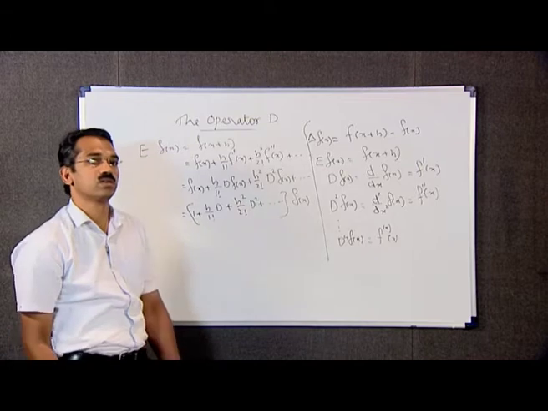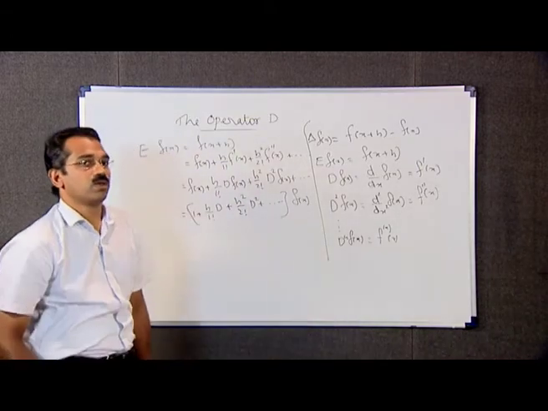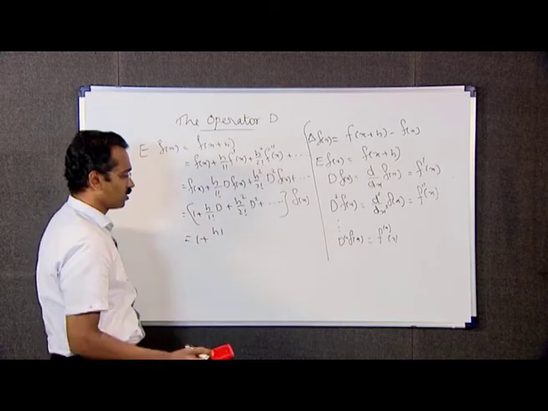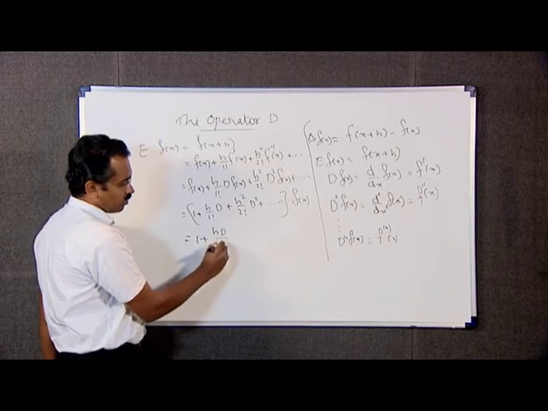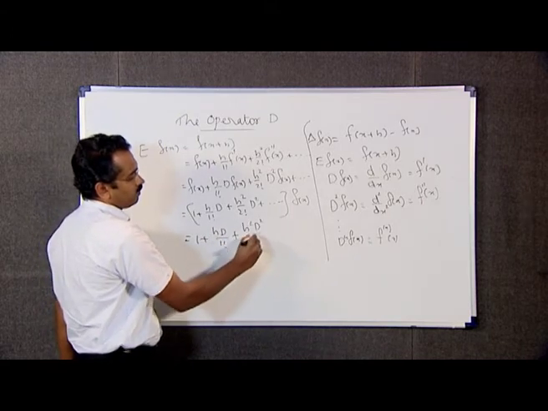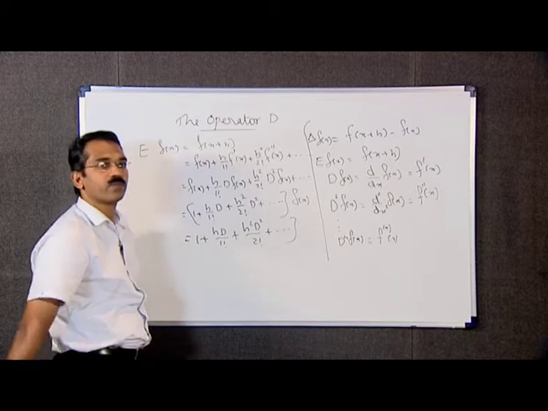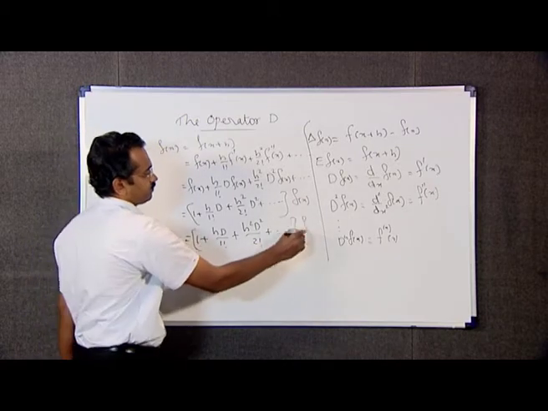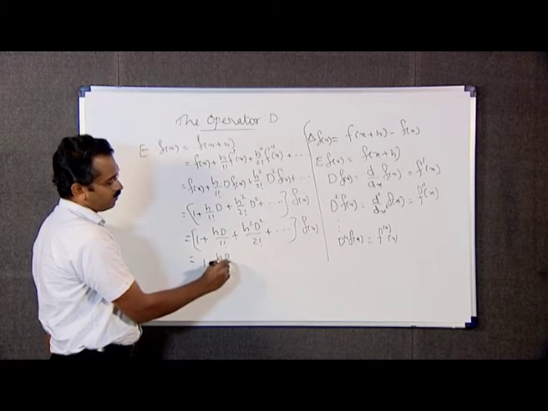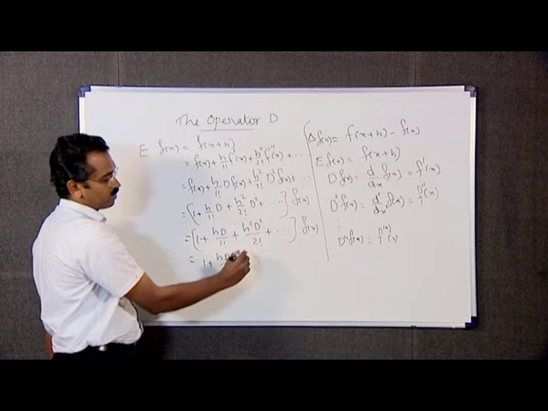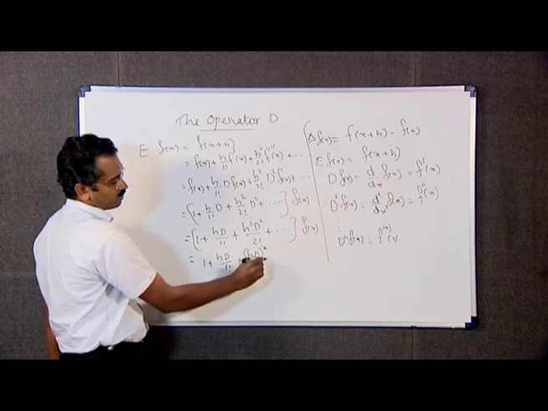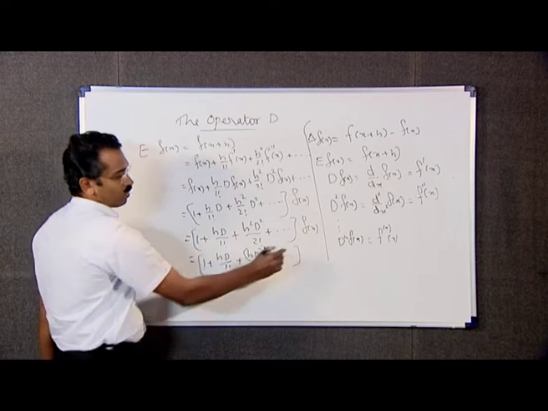f of x can be taken outside. This is equal to 1 plus h D by 1 factorial plus h square D square divided by 2 factorial plus etc. of f of x, that is equal to 1 plus h D by 1 factorial plus h D whole square divided by 2 factorial plus etc. of f of x.